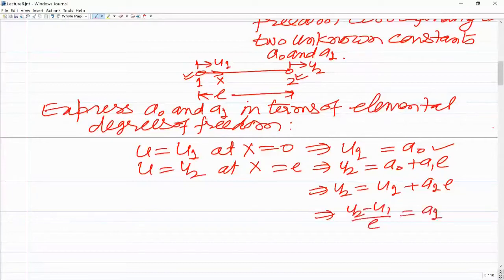So now once we have got a naught as u1 and a1 as u2 minus u1 by L, we can put this in the expression over here.